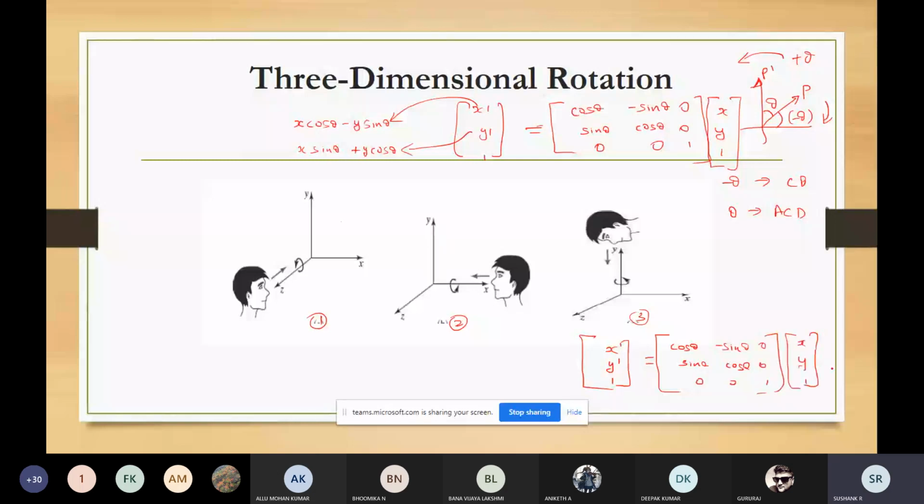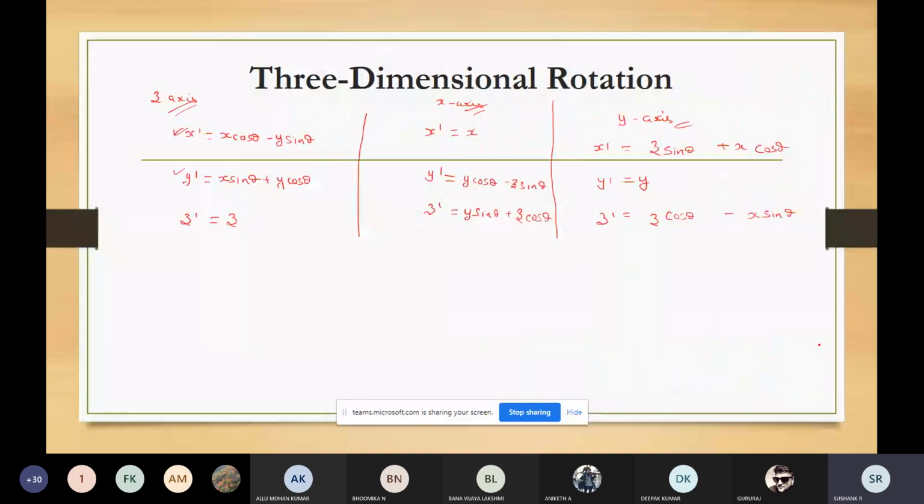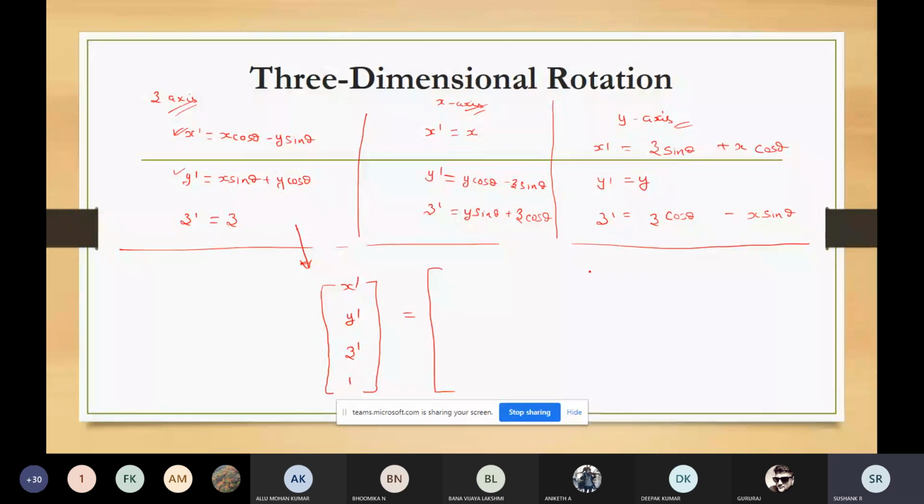Now for 3D we should use a 4 cross 4 matrix. This formula is for when the rotation is along the z-axis. So with x, y, z, 1, I want the new point, x dash, y dash, z dash, 1, which is equal to a 4 cross 4 matrix where the first four terms talk about the rotation.